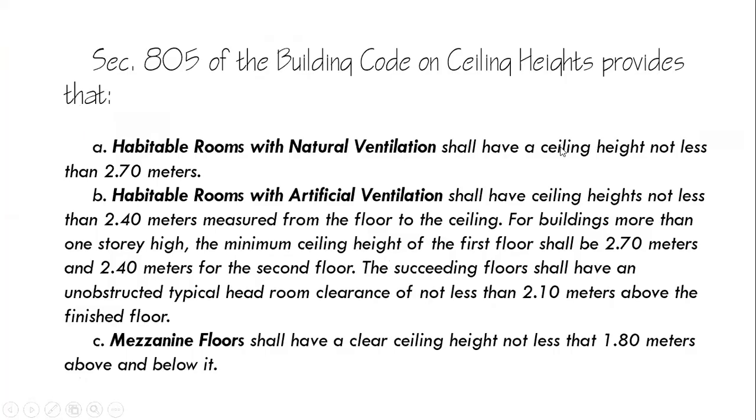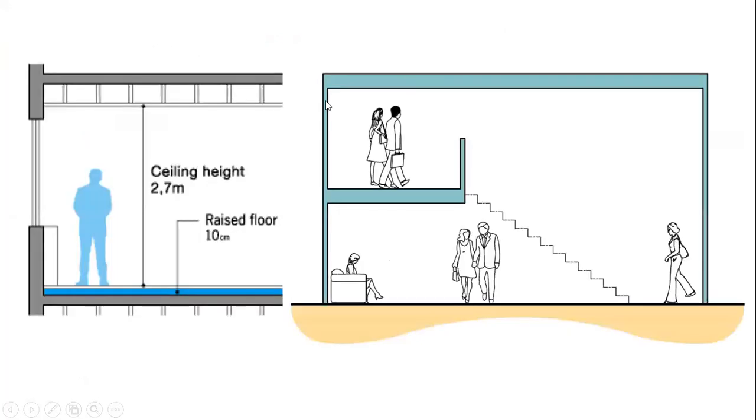So it's not a whole floor. There is a certain part that is not considered to be another floor. So that's what you call a mezzanine. It's not a full floor.